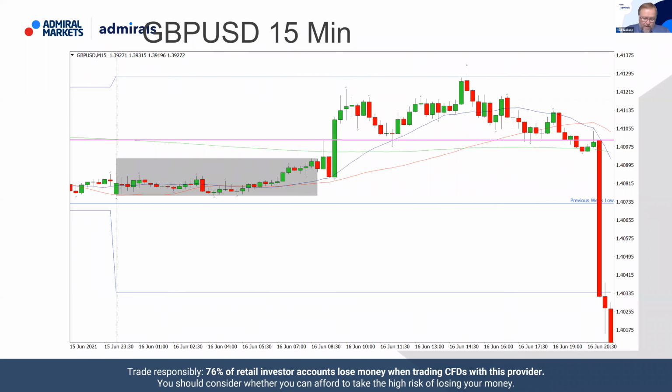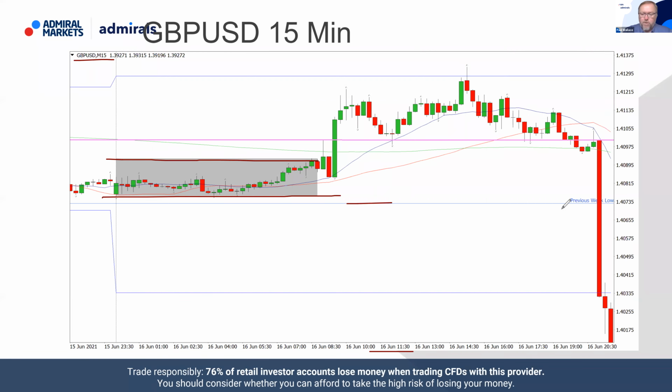Just a couple of examples here. Let's get the old drawing tool up again. This is pound against dollar, 15-minute chart, from earlier this week. That grey box is the overnight Asian range.